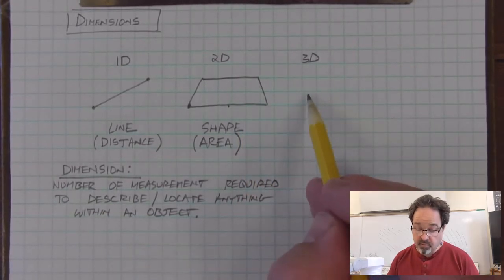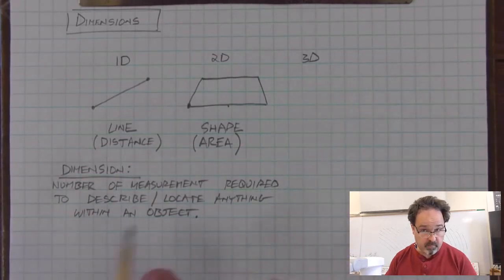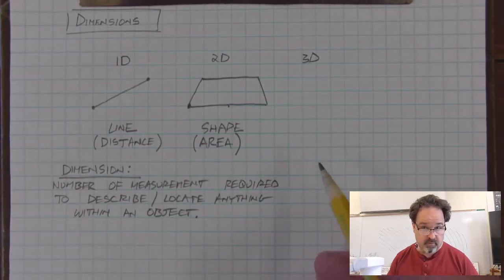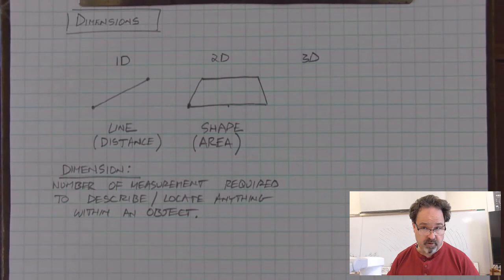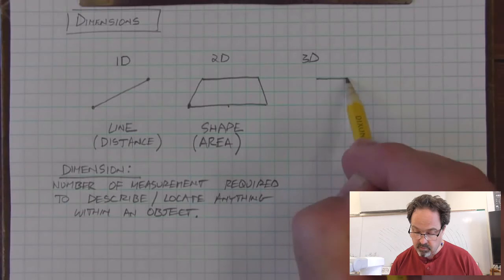An example of a 3-dimensional object is difficult to draw on paper because paper is flat, paper is 2-dimensional. But we have ways of helping visualize 3-dimensional objects. 3-dimensional objects are objects like in the real world. One of the simplest objects that we can draw is a box or a cube.